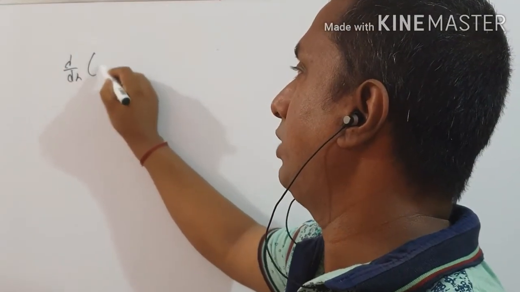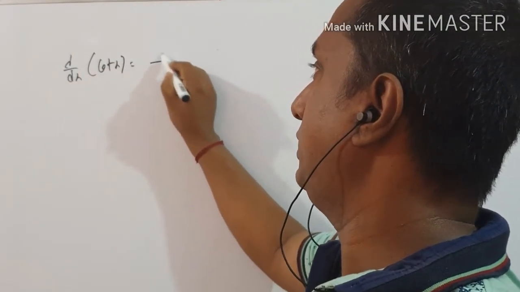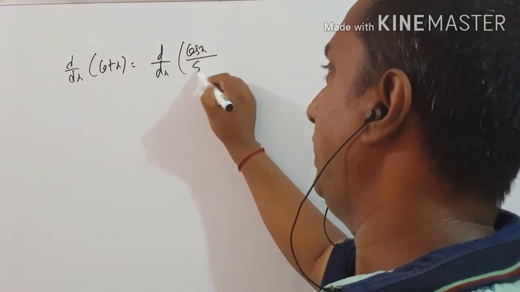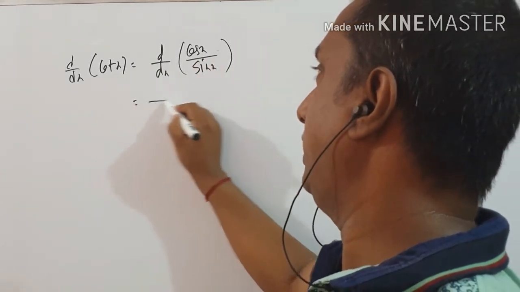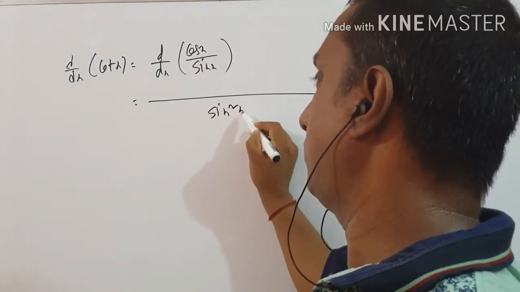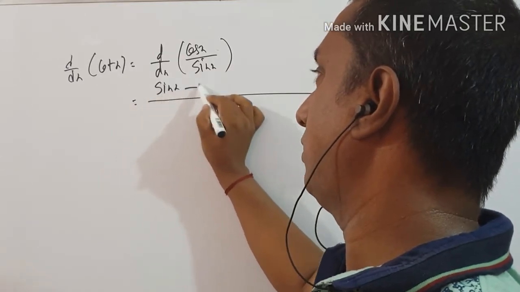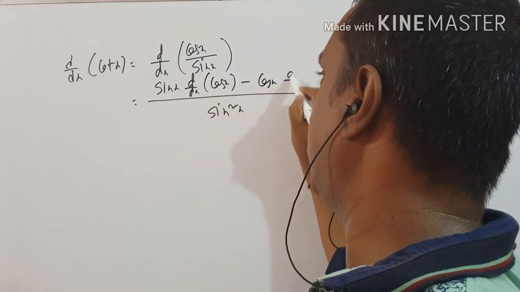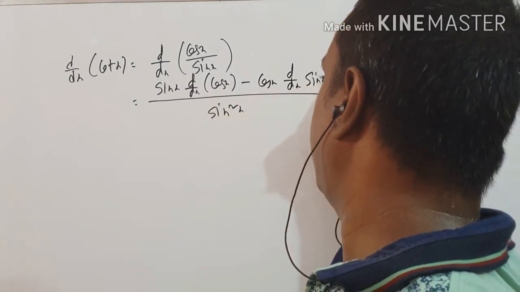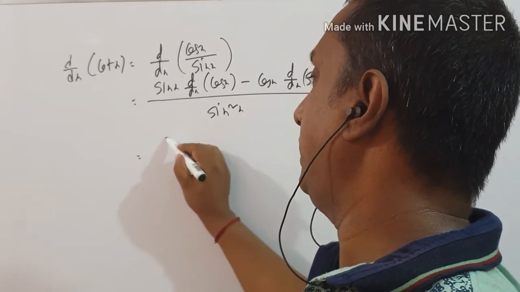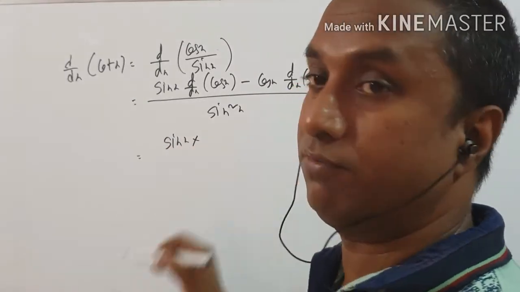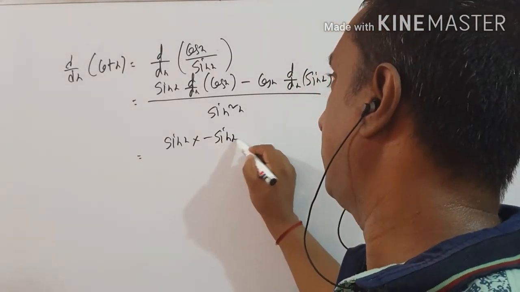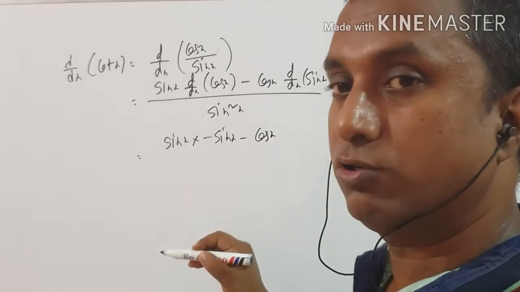d/dx of cot x. Cot x means d/dx of cos x by sin x. So we can write sin square x down, and sin x d/dx of cos x minus cos x d/dx of sin x. Now let us simplify. Sin x into the derivative of cos x, which is minus sin x, and cos x into the derivative of sin x, which is cos x.